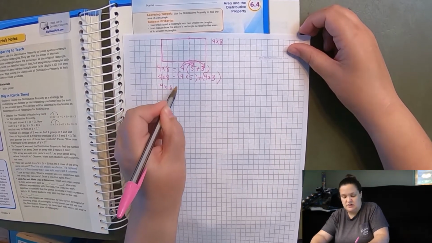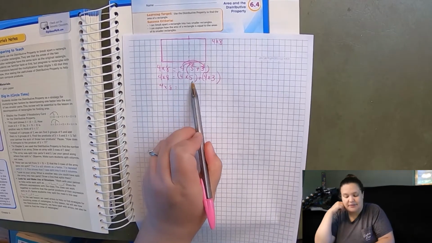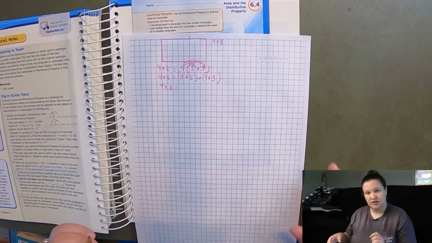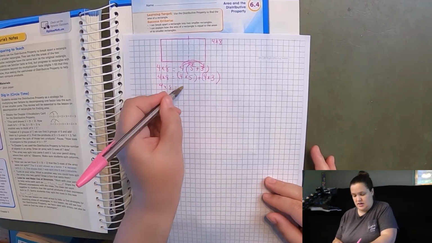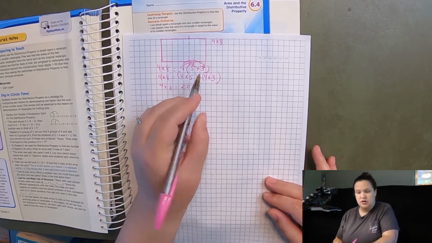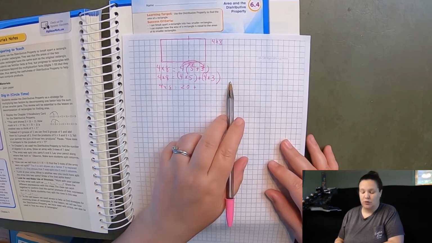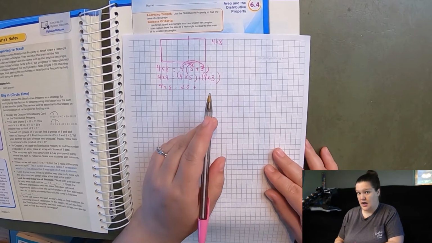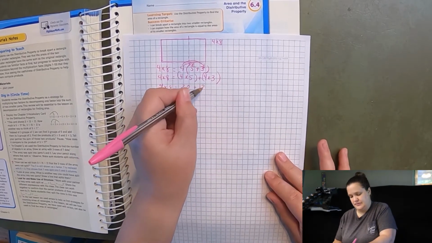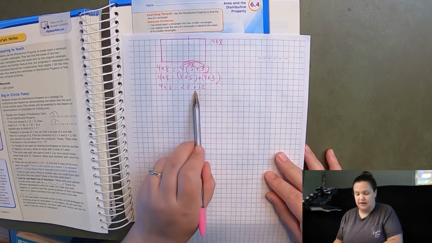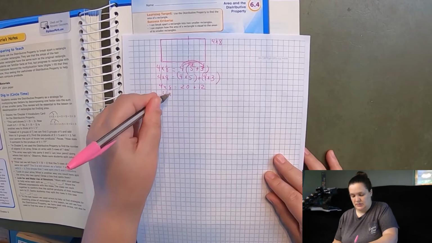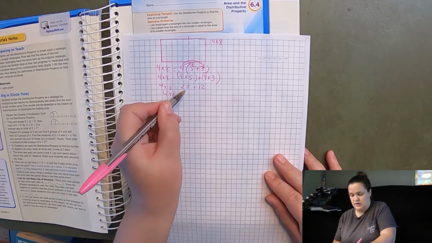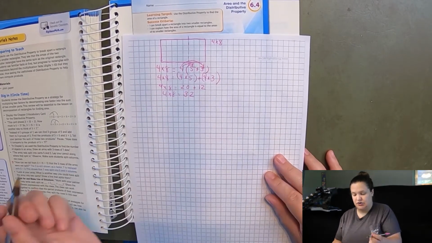4 times 8 equals 4 times 5, which is 20, and 4 times 3, which is 12. Then we have 20 plus 12. 4 times 8 equals 20 plus 12, which is 32.